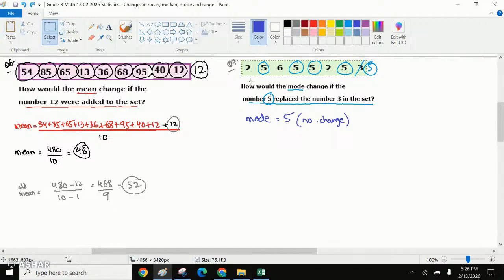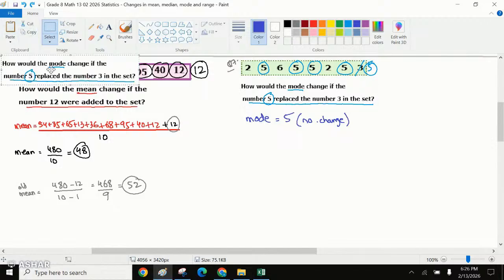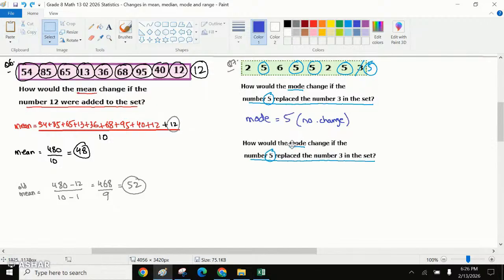But if we wanted to see if the mean will change, let's change this number and see if we would have an impact on the mean or not. What happens over here is mean means we add all the numbers.